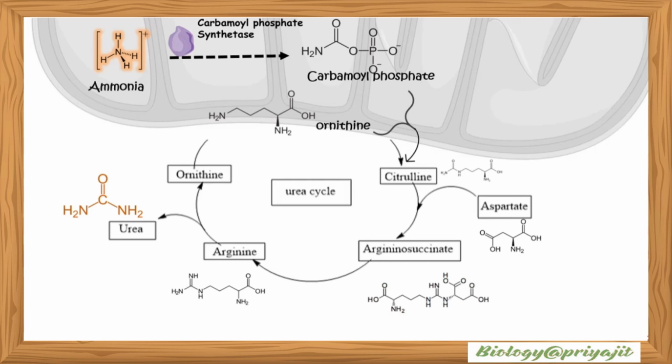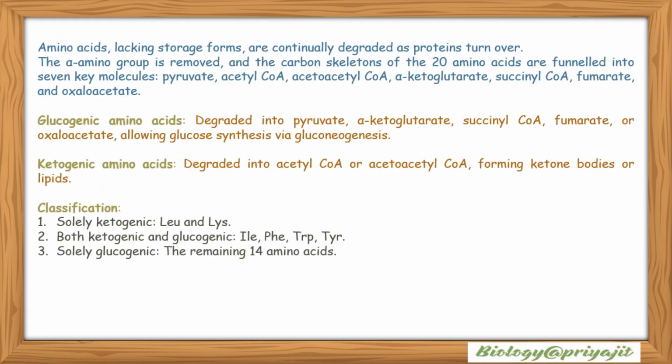Then citrulline will attach with an aspartate molecule and form argininosuccinate. Argininosuccinate will produce arginine, and arginine will be converted into ornithine. So the ornithine will be recycled, and in the reaction where arginine is converted into ornithine, urea will be formed. These are the steps of the urea cycle.